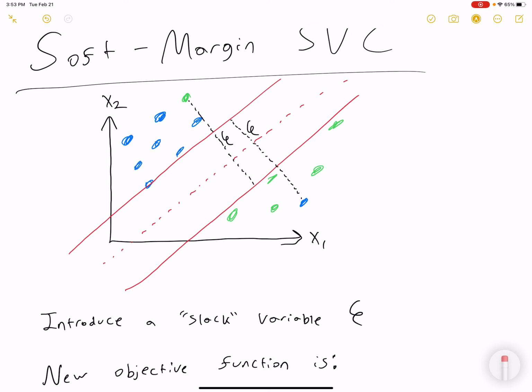Two answers. One is that hard margin is a building block to soft margin, so it makes it a little easier to explain. But the second reason is that if you know that your data is definitely linearly separable, it's a little bit easier to do the math for hard margin SVM. Even though a computer is doing the math anyway, so it's not that hard for a computer to do the math.